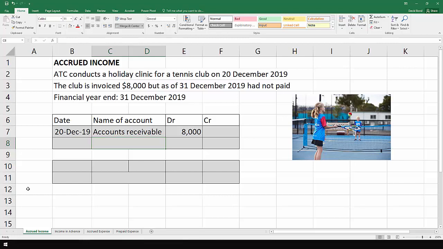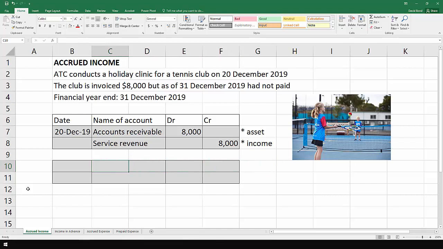The entry for the credit side of things, and what we need to balance it out, is what I've called service revenue. You could call it something different, but importantly, it is some type of revenue account. Accounts receivable is an asset. Service revenue is an income item ultimately affecting equity. So they have an asset increasing and they have revenue increasing.